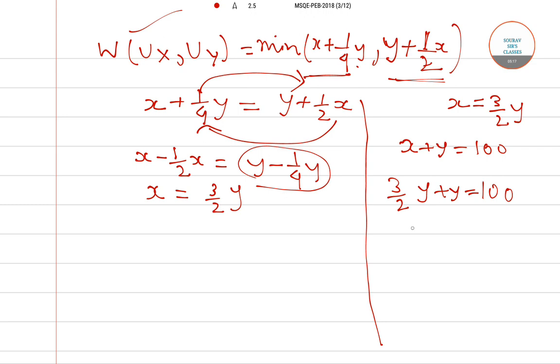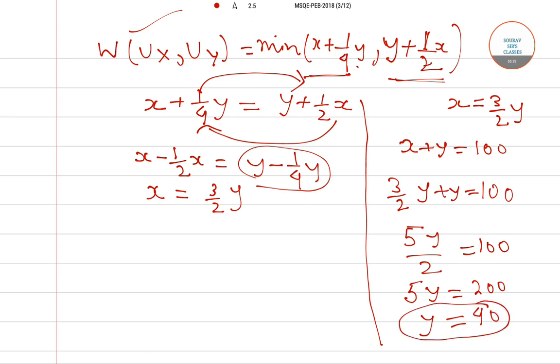Now this is nothing but 5y by 2 equals to 100. Now if 2 and 100 get multiplied, you will get 5y equals to 200. So the value of y will be equal to 40.